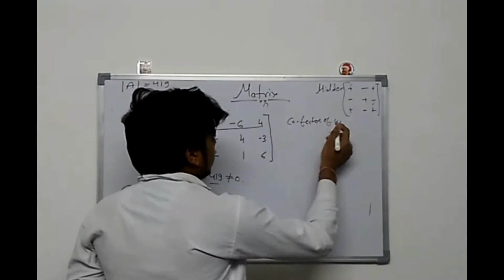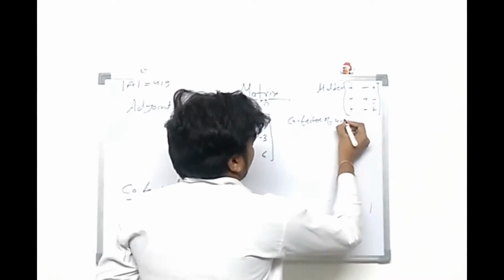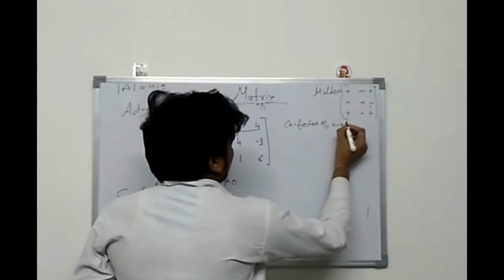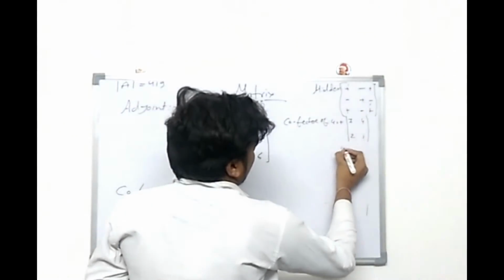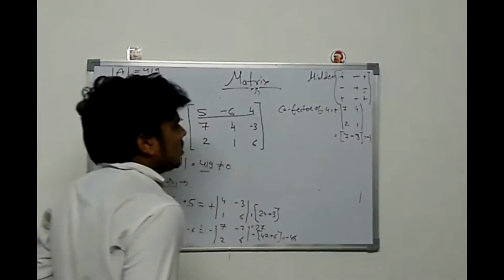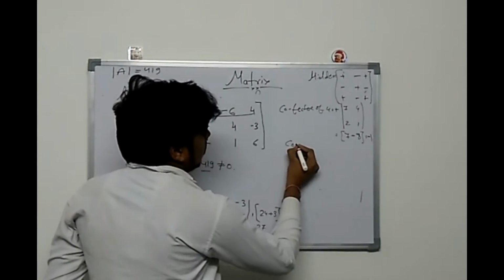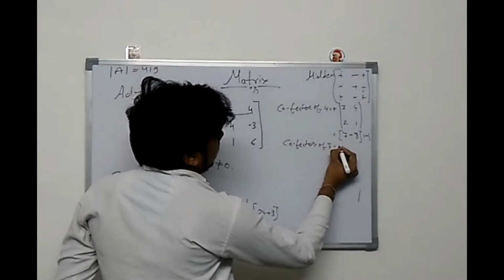This column and this row will be ignored, right? Plus minus 1. Cofactor of 7, minus.